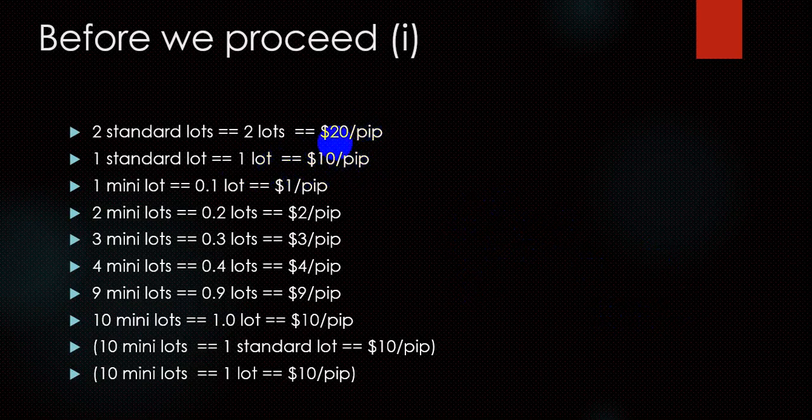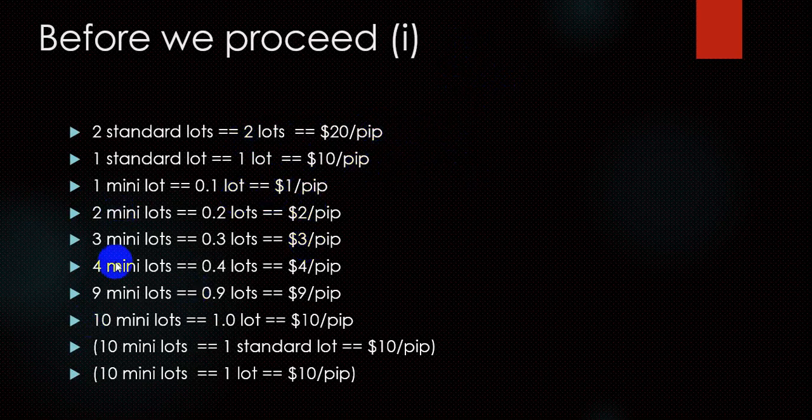That is $10 per pip movement in price, and we'll get to what 1 pip is. But if you are trading with 2 lots, you stand to gain $20 or to lose $20 per pip movement in price.